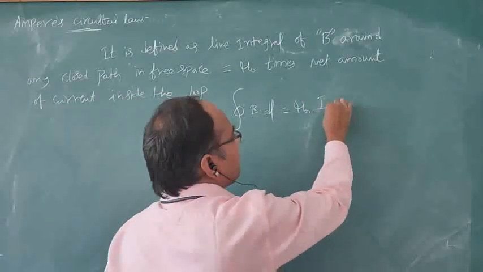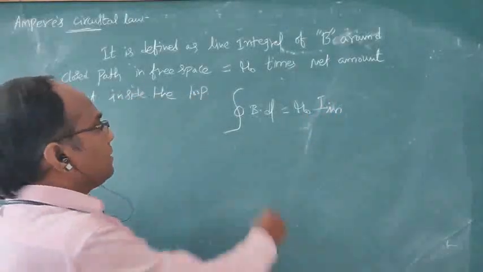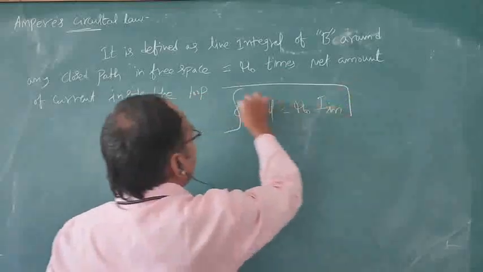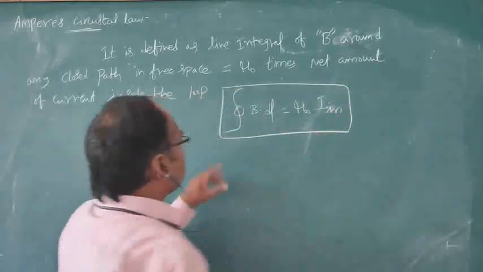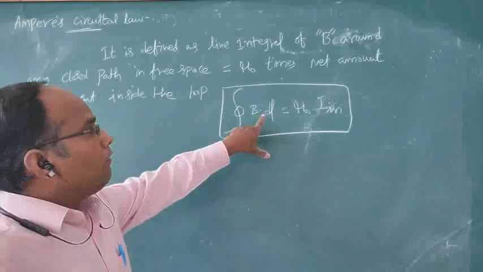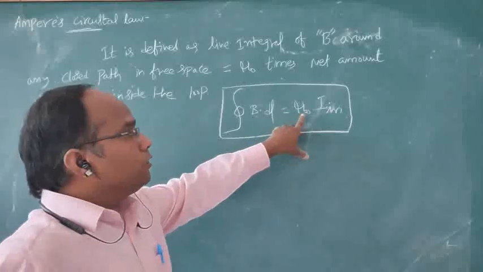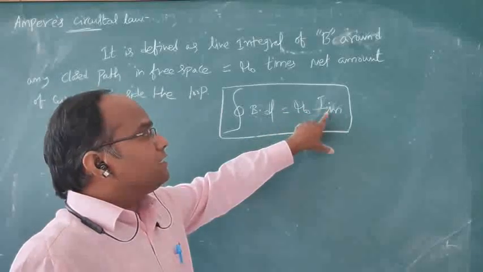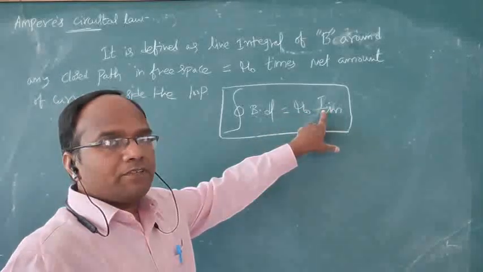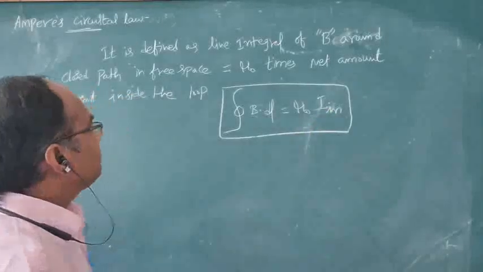So the line integral of the magnetic field of any closed loop in free space is equal to mu naught times the current inside. The meaning is the current is inside the circular loop.